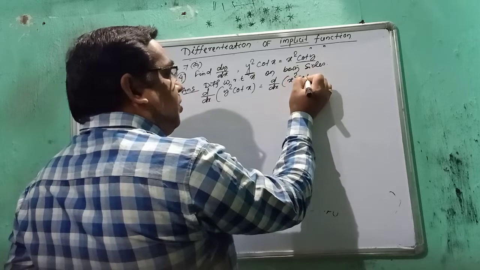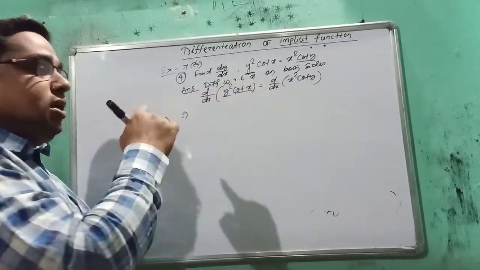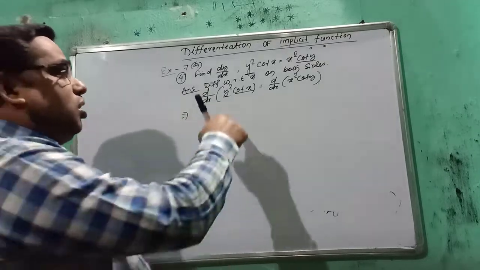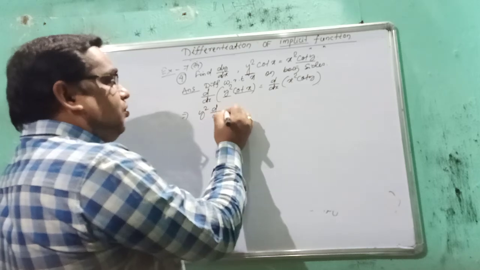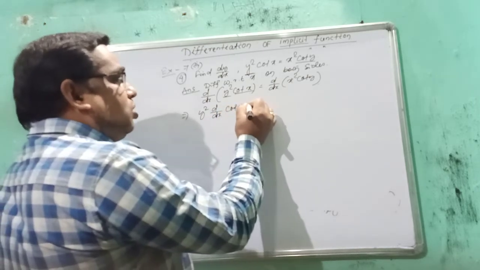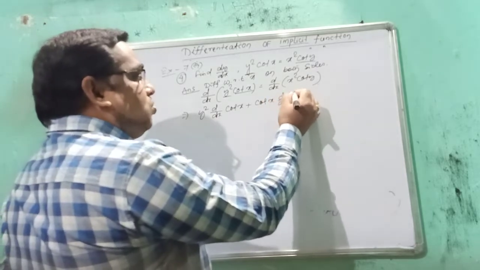square cot y. Then what is the derivative of y square into cot x? Now you have to apply the product rule. Product rule means y square into d by dx of cot x plus cot x into d by dx of y square.